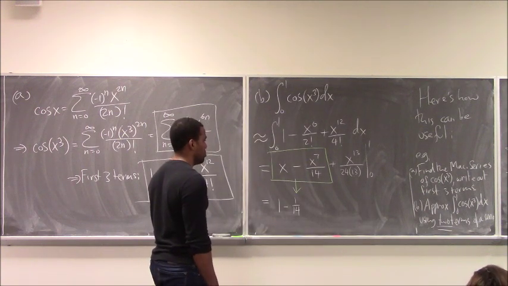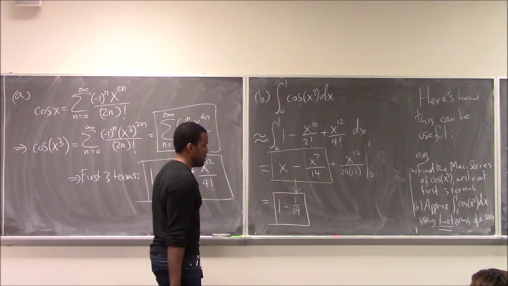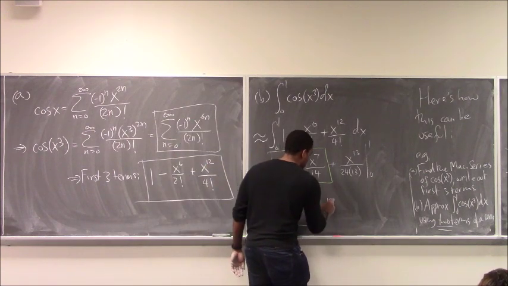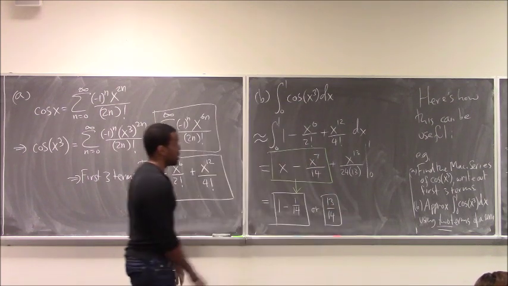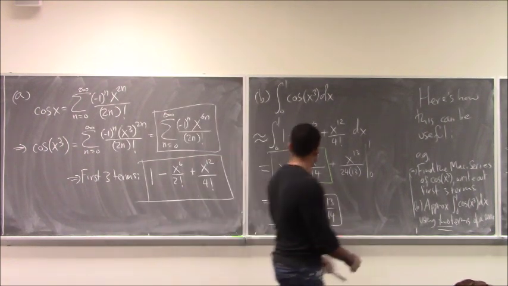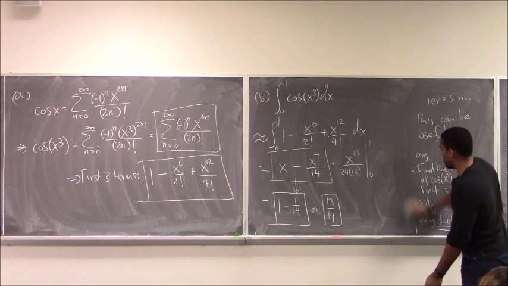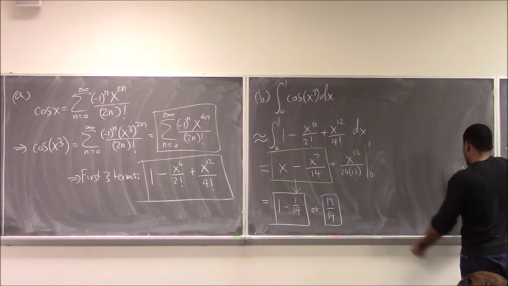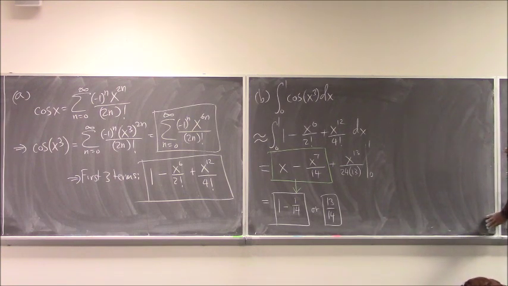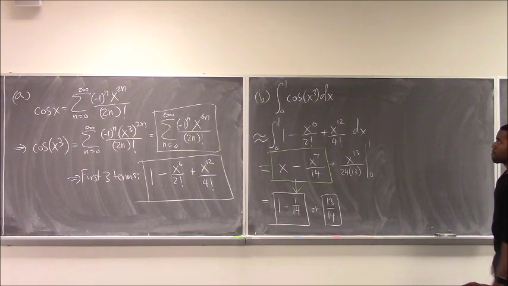Plug in 0, 0, so that's actually the approximation: 1 minus 1 over 14, or you can put 13 over 14 would be my guess as to what this integral will actually become. If we were in a universe where I could actually integrate it, doing this definite integral, that would be the answer. At least using 2 terms.